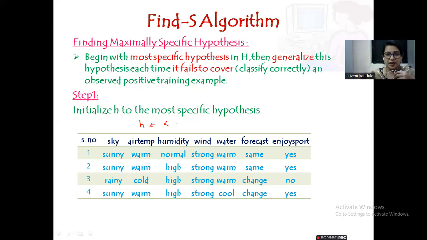Other than the target attribute, we have a total of 6 attributes. The serial number and the target value you can skip over. With the remaining ones we construct the most specific hypothesis. The most specific value is a 5, so initially we use 6 5s, as we have 6 attributes.